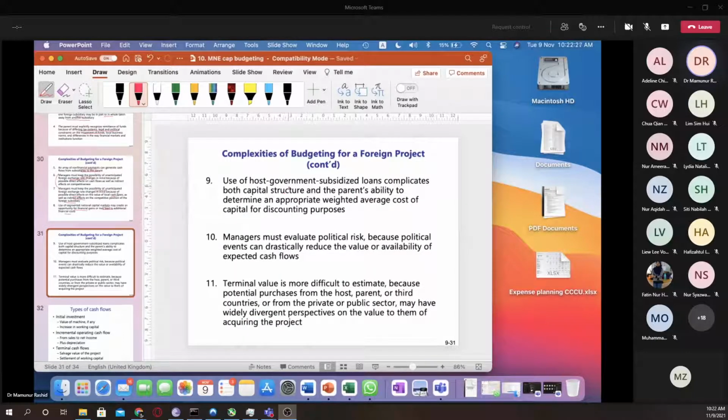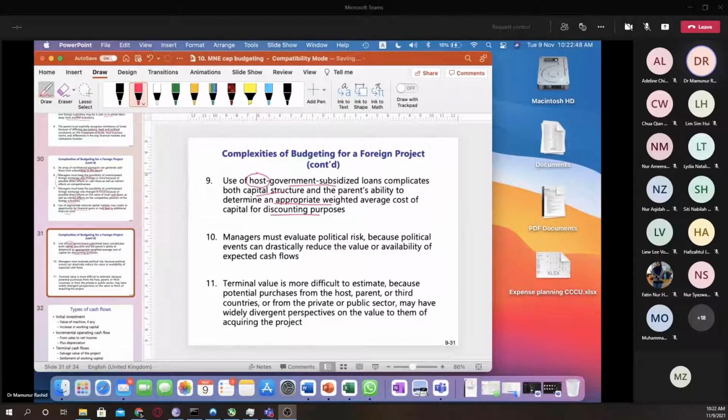Use of host government subsidized loans complicates both capital structure and the parent's ability to determine an appropriate weighted average cost of capital for discounting purposes. Sometimes when you are investing in a foreign location, the host government will give you subsidized loans.